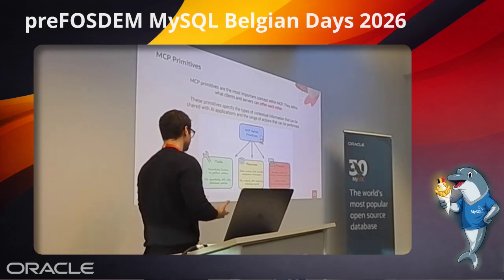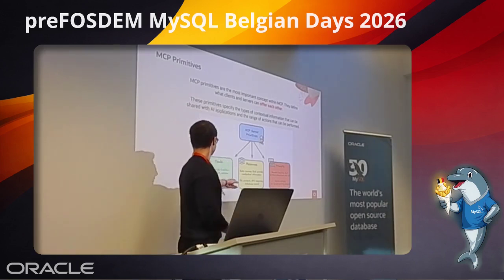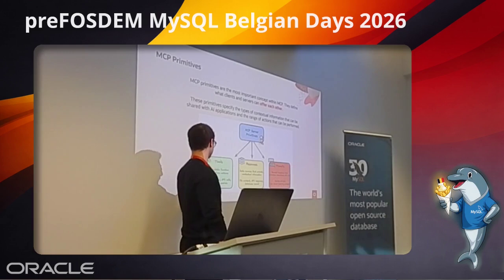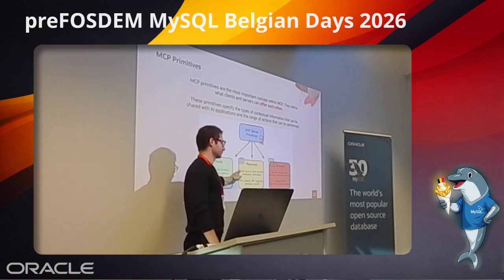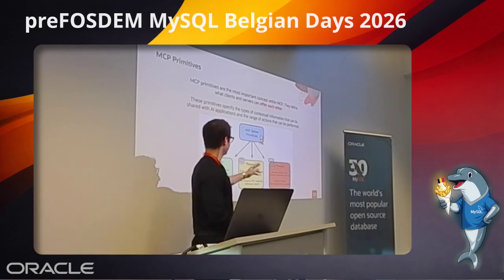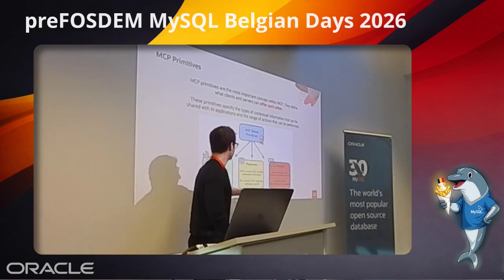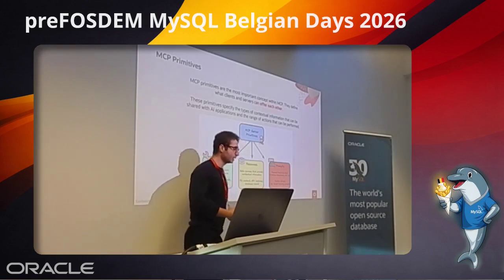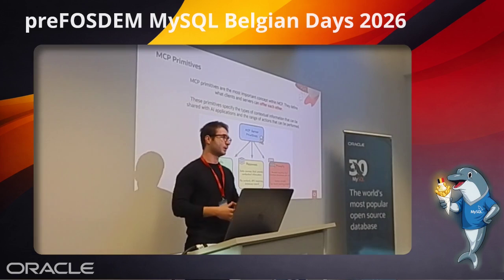You have what we call resources. Resources are the result of the tools. So the LLM will decide to use a certain tool, and it will get as an answer from the tool a resource. And finally, you have the prompt. The prompts are what we call the system prompt, but also few-shot learning prompts explaining to the LLM how to use the tool.